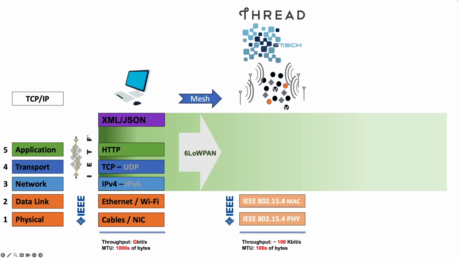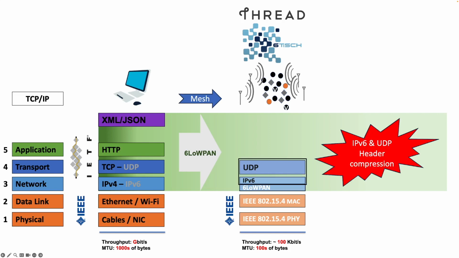Well, in order to anticipate this transition, the IETF has designed and defined a specific protocol stack, often called the 6LoWPAN protocol stack. This newly defined 6LoWPAN protocol stack uses some of the existing protocols such as UDP instead of TCP for the sake of simplicity. Then IPv6 instead of IPv4 is employed since there are not enough IPv4 addresses left.